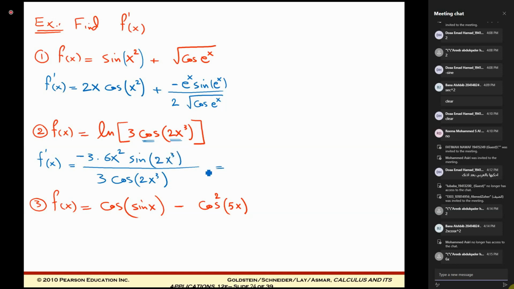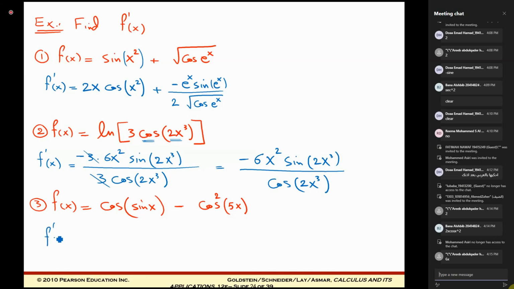So we can remove 3 with 3, so we have negative 6x square multiplied by sine 2x to the power 3 over cosine 2x to the power 3. Okay, 6x square, because we have x to the power 3.